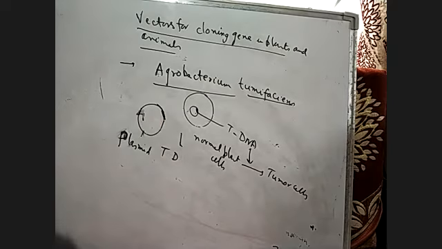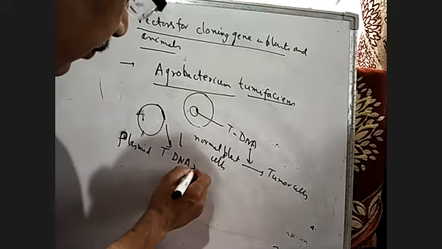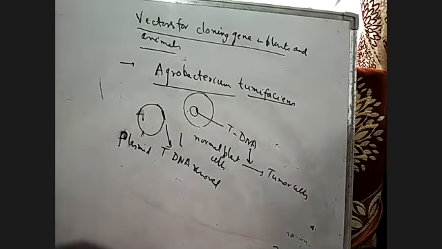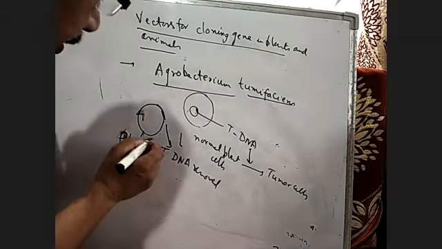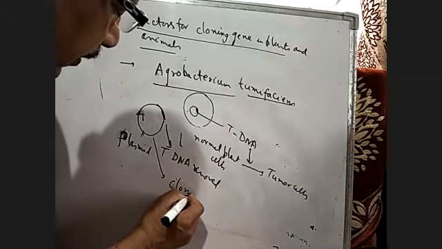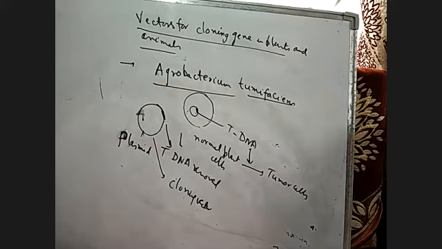So scientists have removed the tDNA, and after removing it, the plasmid has been modified into a cloning vector. The plasmid becomes the cloning vector, which means we can incorporate the desired gene of interest into plants.